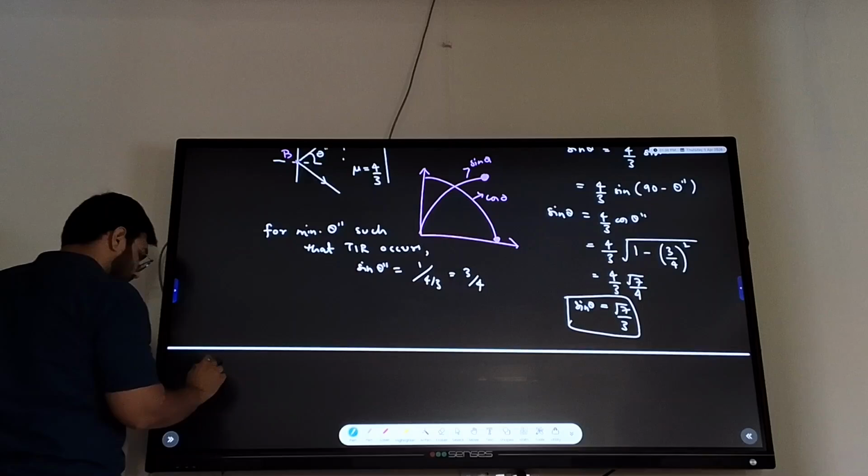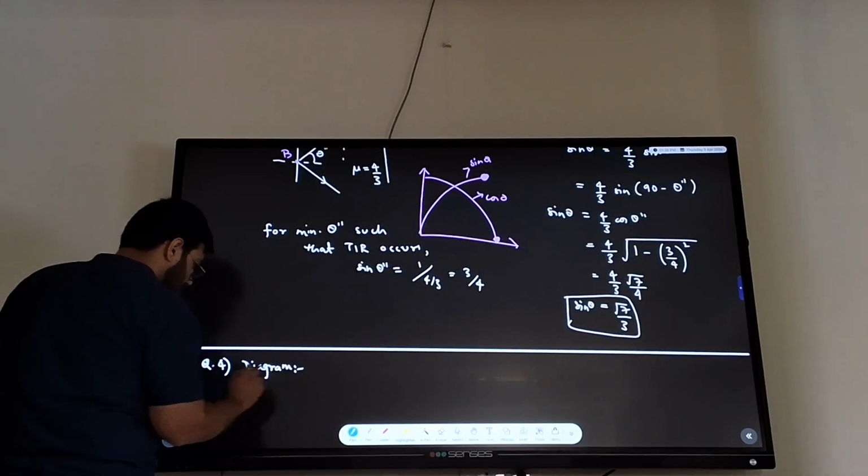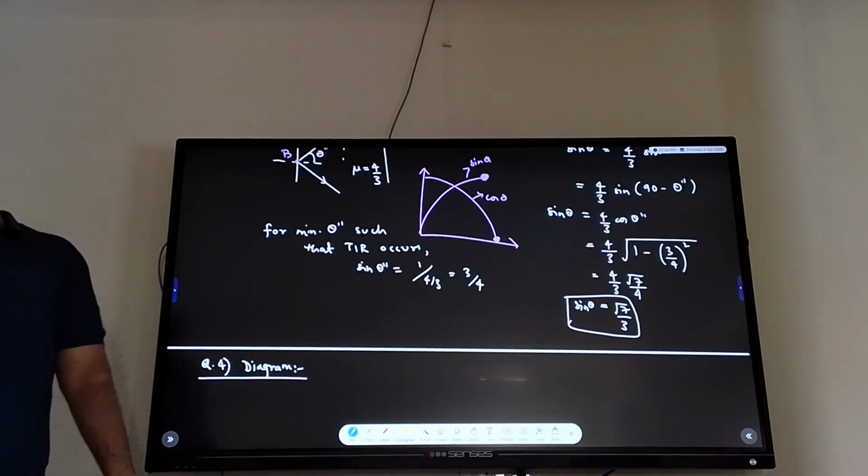Question number 4. Diagram. What is the diagram like?